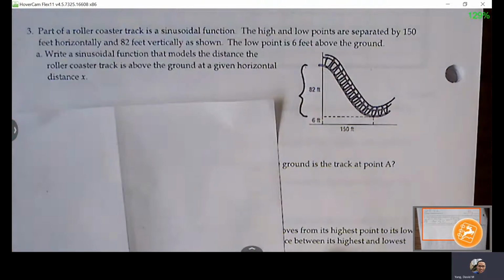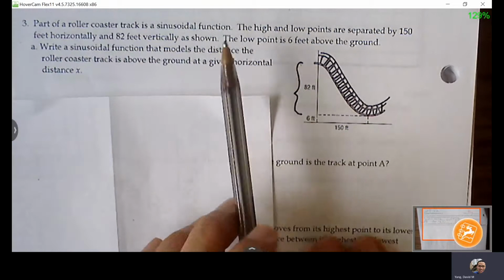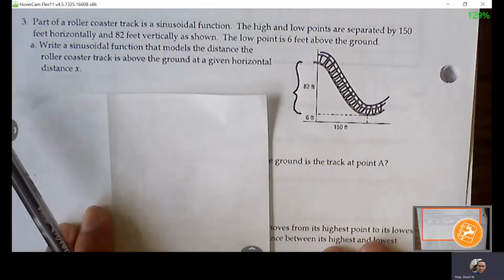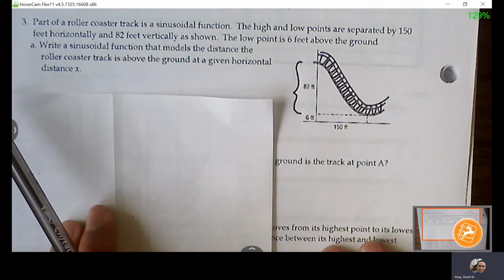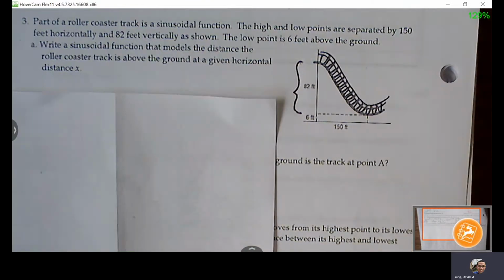So the midline is 41 plus 6, which is 47. The low point is 6 feet above ground. Write a sinusoidal function that models the distance the roller coaster track is above ground at a given horizontal distance.